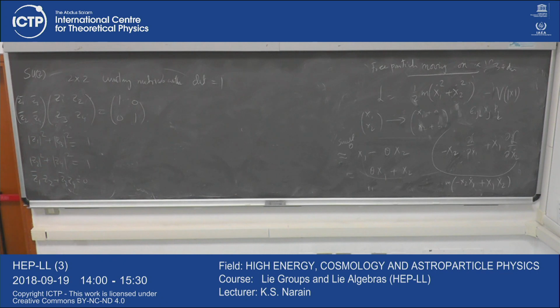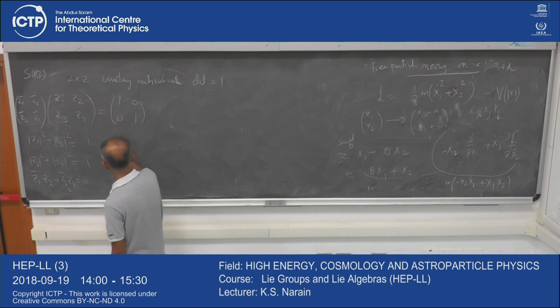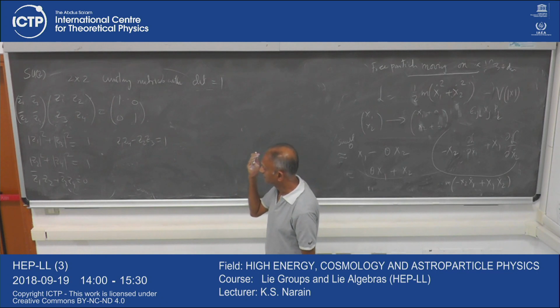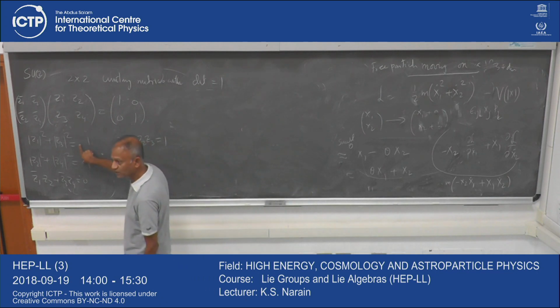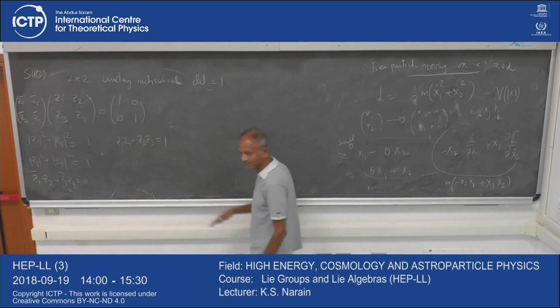We want to find the solutions of these equations. Apart from that, we also have the determinant condition: Z1 Z4 minus Z2 Z3 equal to 1. The first two are real equations, and the others are complex equations.